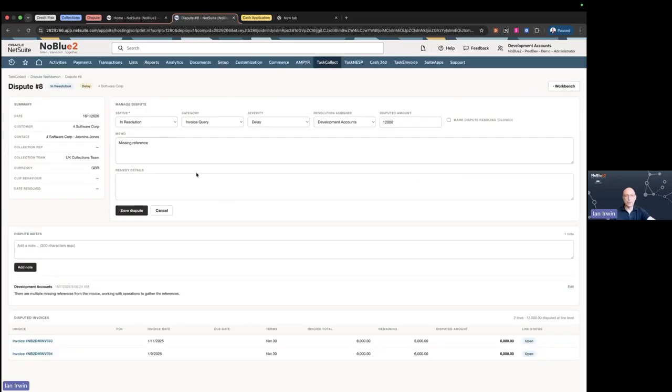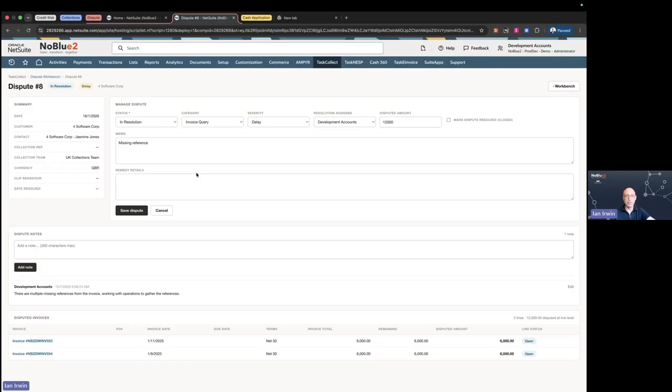I can clearly see what the issues are. I can see what status we're at, and I can see what type of categorization we've given to the dispute, which will ultimately determine how we handle the collections process around the associated invoices. From within the dispute dashboard, I can manage everything with respect to this individual dispute. I can take unlimited notes.